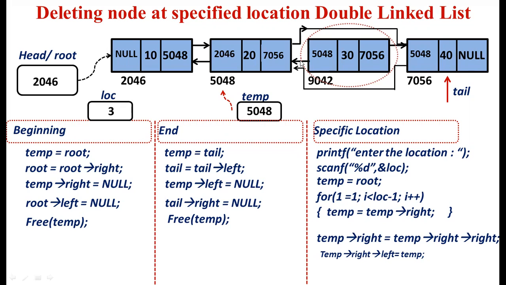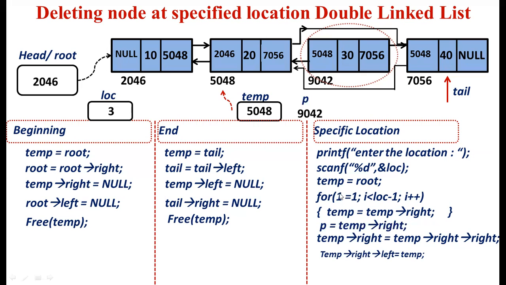Now we have to remove this connection and this connection. How to remove? There is no way, because we lost the connection. This is connected to this and this is connected to this. For that, before writing these two statements, we have to declare one more temporary variable p, such that p is equal to temp to right.